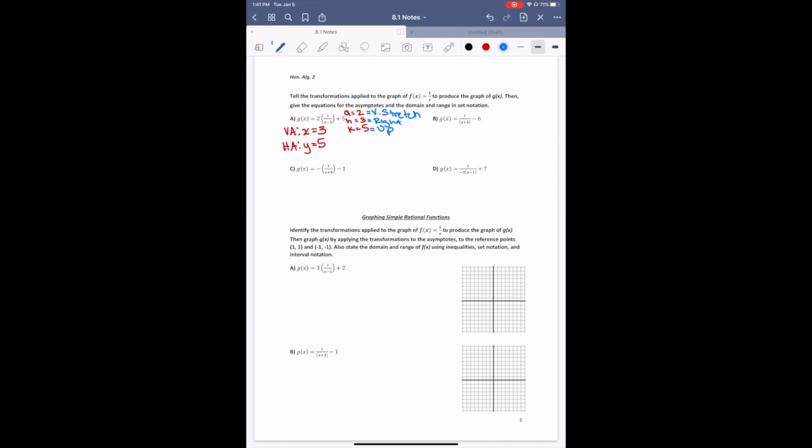State the domain and range in set notation. The domain is affected by the h value because it is telling us where your graph cannot cross that line. So because our asymptote is located at 3, that means, in set notation, that we're going to come in from negative infinity up to positive 3 and from positive 3 to infinity because x can be any value except for 3.